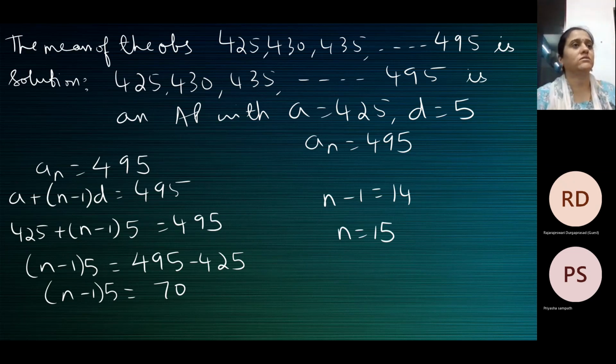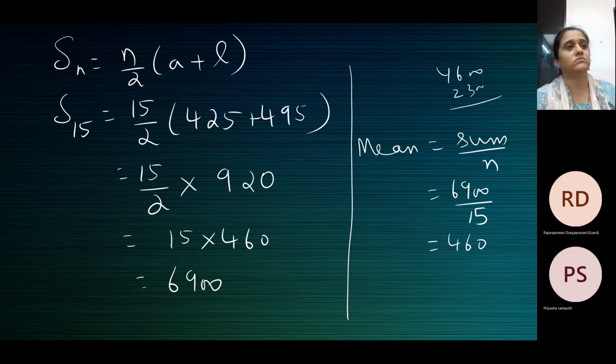Subbalakshmi finished writing? What's the other formula to find Sn, Subbalakshmi? Very good. You also know this formula, right? n by 2 of a plus l. First term plus the last term. Because we know the first term and the last term.